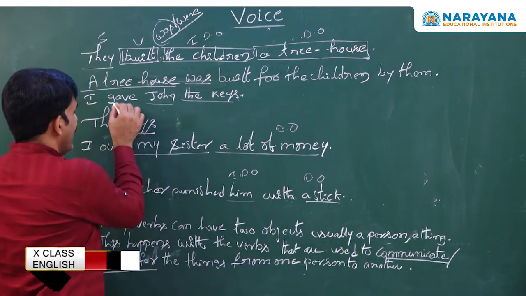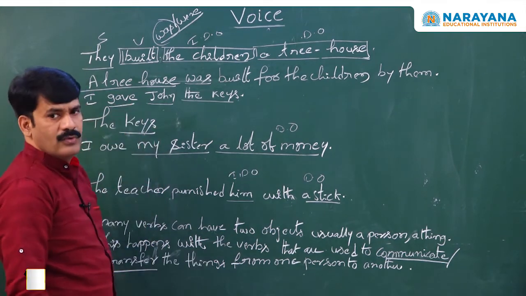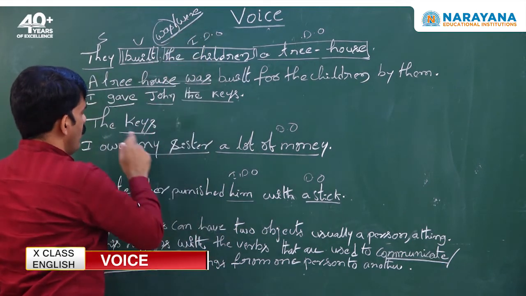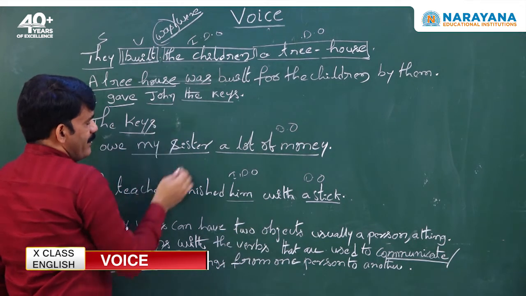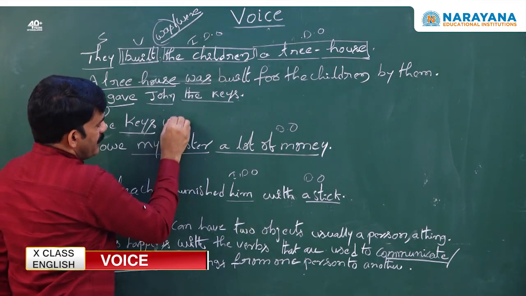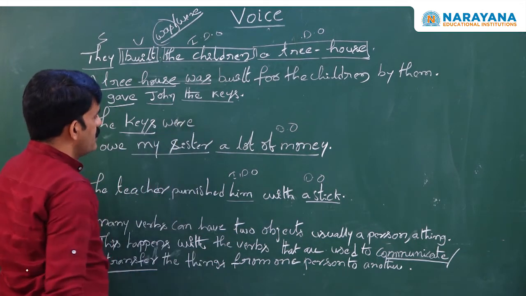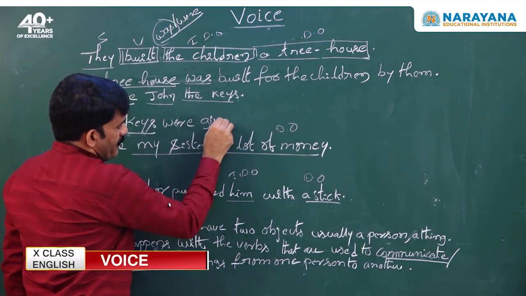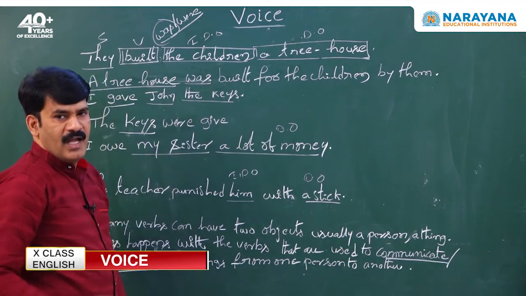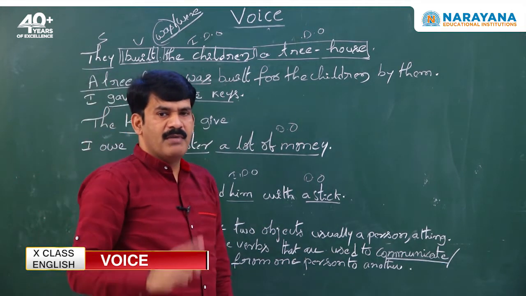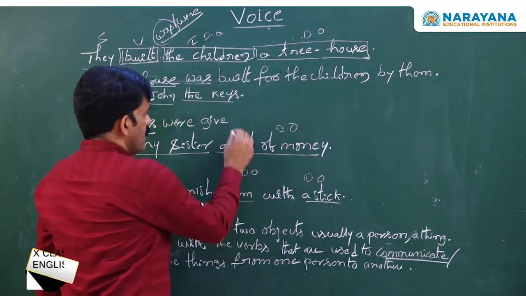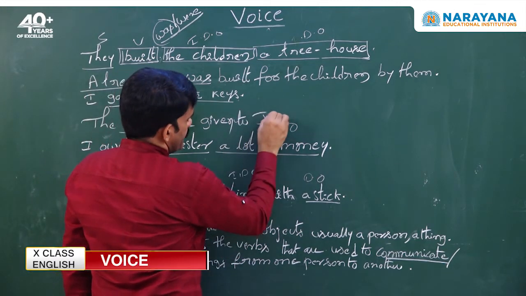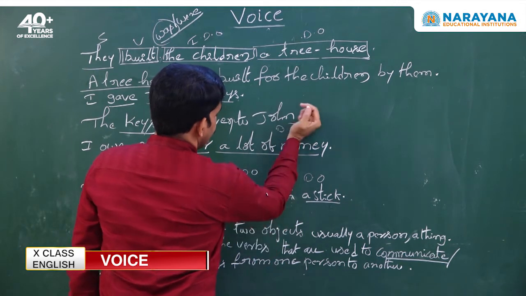Plural. Gave is V1 or V2? V2. What are the be forms of simple past tense? Was or were. As the subject of passive voice is plural, let me take were. The keys were given. Third form of the verb is given. Given to whom? I am introducing my second object by using the preposition. Given to John. This is the answer.